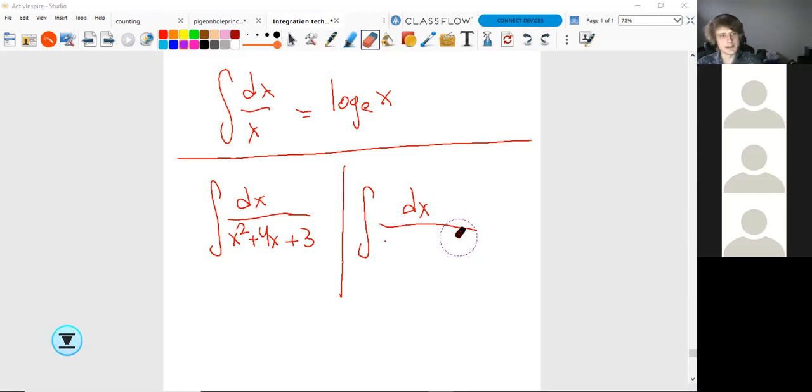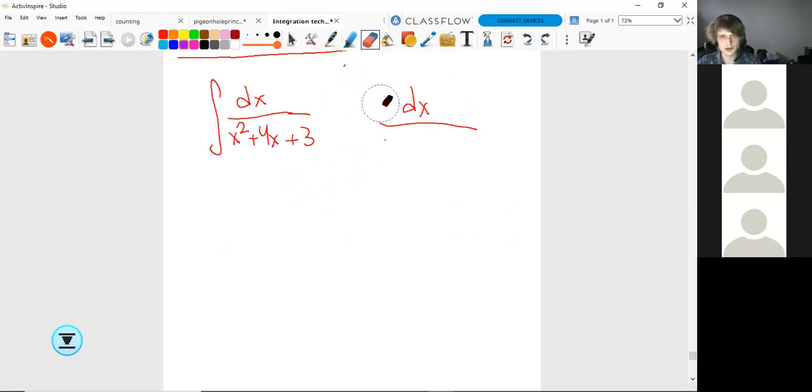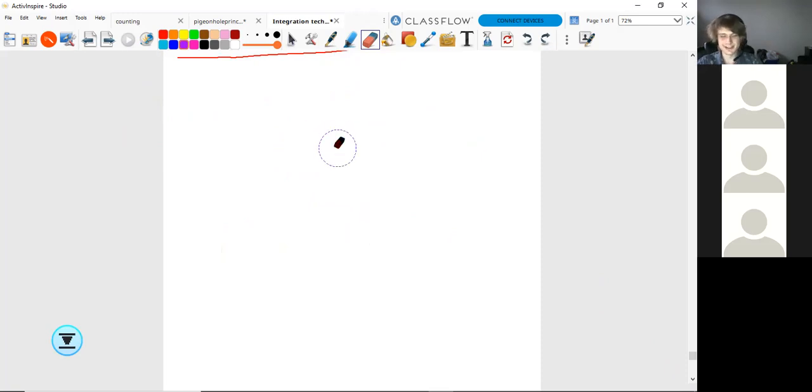All right, let me end this with two integrals that are slightly cruel, but it's a good integration trick. I'm going to give you a second to think about this one.